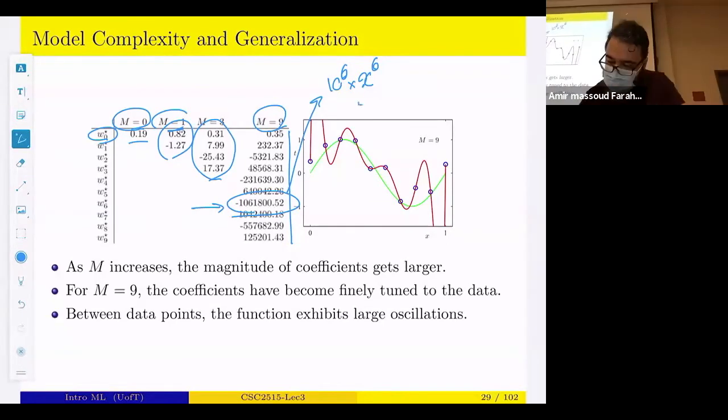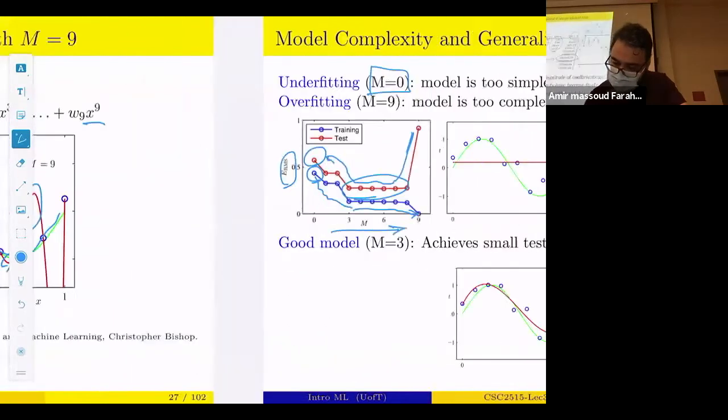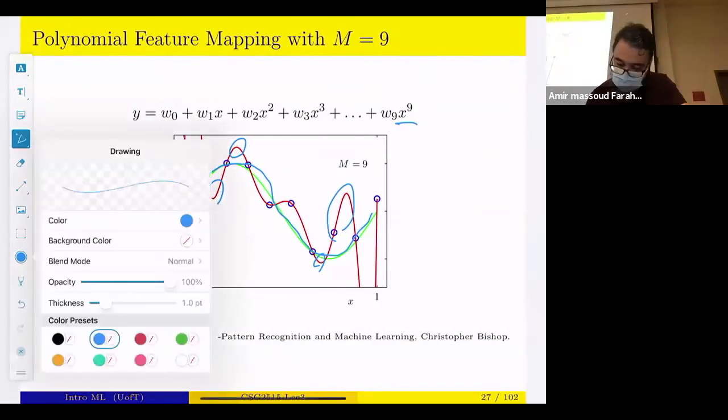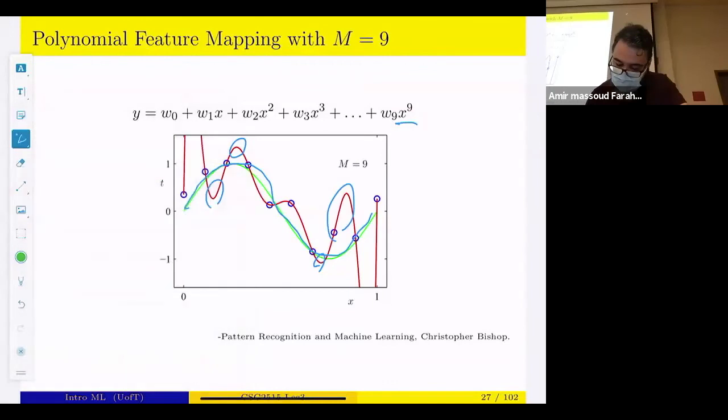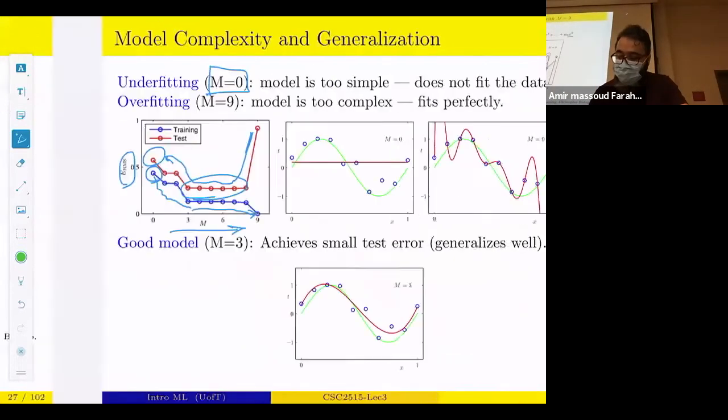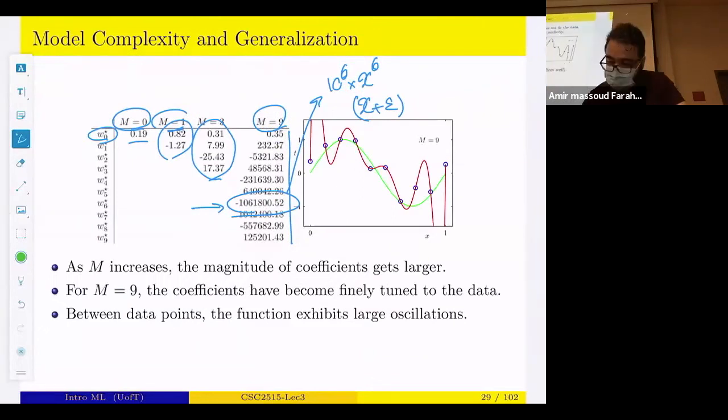But if I change x to x plus epsilon, like I move from this point, I want to show it on this figure. If at this point I have a best fit, but I move a little bit from x to x plus epsilon, what I'm effectively having is x plus epsilon to the power of 6 times 10 to the power of 6 again.